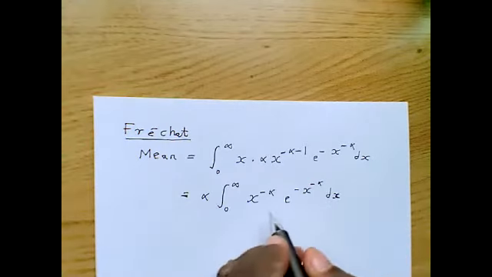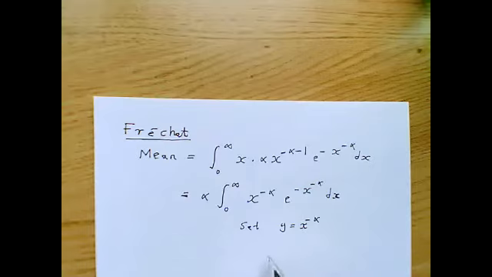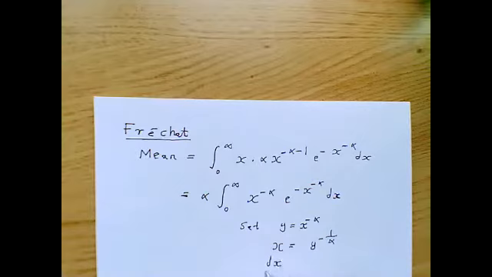Okay. Now I'm going to make a substitution. Okay. So x will become y like this. Okay. And dx by dy will become minus 1 over alpha.